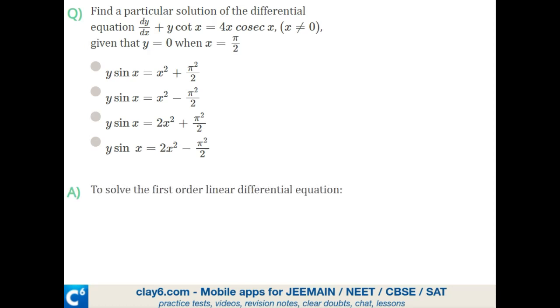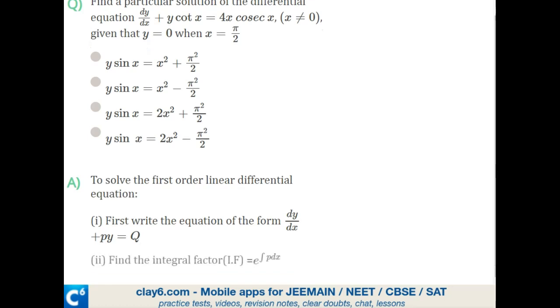Any first order differential equation, if it is of the form dy by dx plus py equal to q, then all we have to do is follow simple steps. First find the integral factor, which is e power integral p dx.